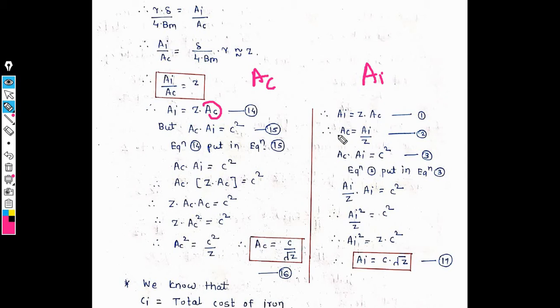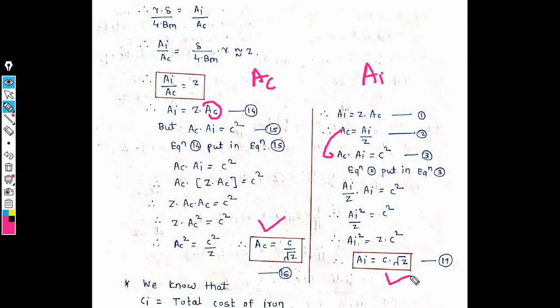Then putting the value of AC here, AI upon Z into AI is equal to C square. Then AI square is equal to Z into C square. These two values are very important for finding the minimum cost of the transformer.